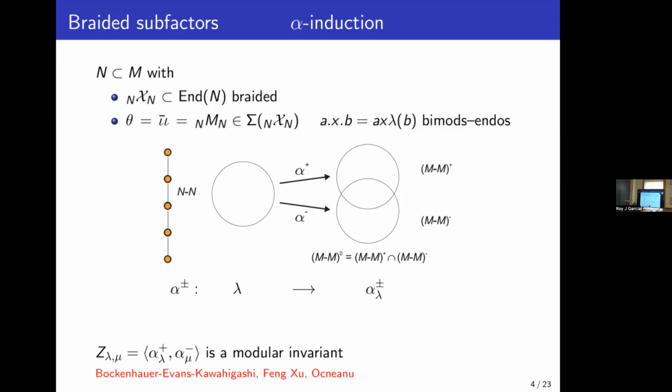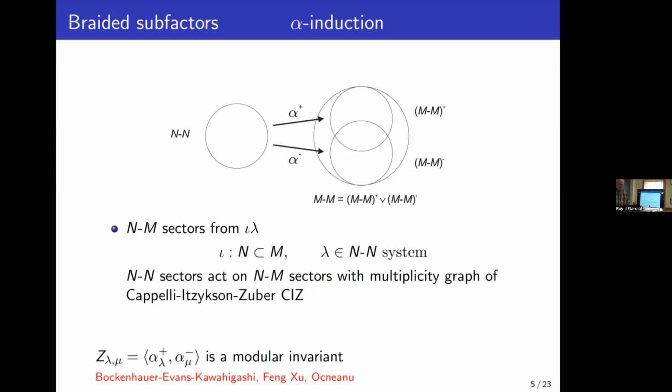So this theory of graded subfactors gives you modular invariance. Of course, there's always that problem. You've got a concrete modular invariance, and how do you find the subfactor which realizes that, and so on, whether every modular invariant is realized by a subfactor.